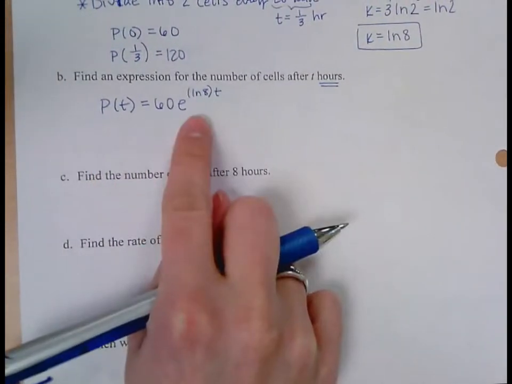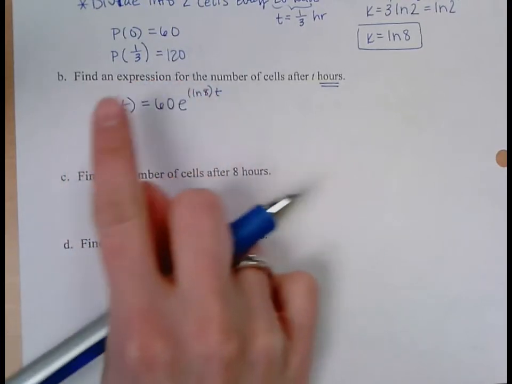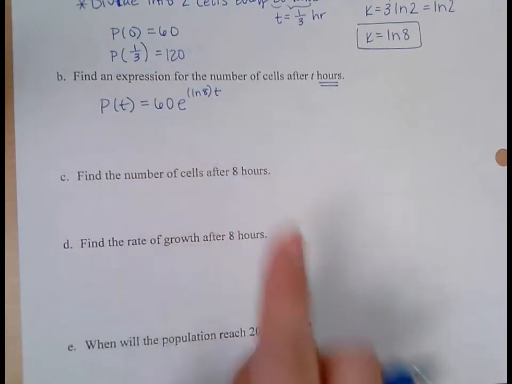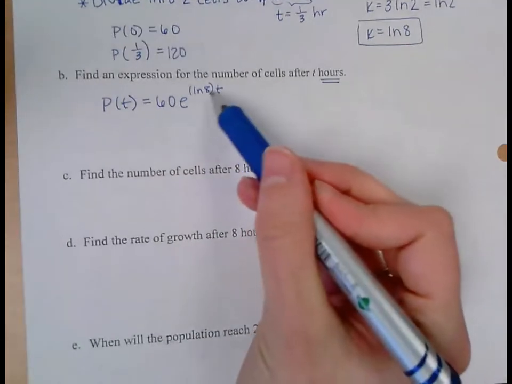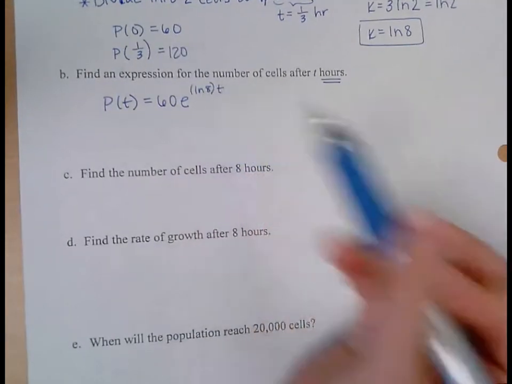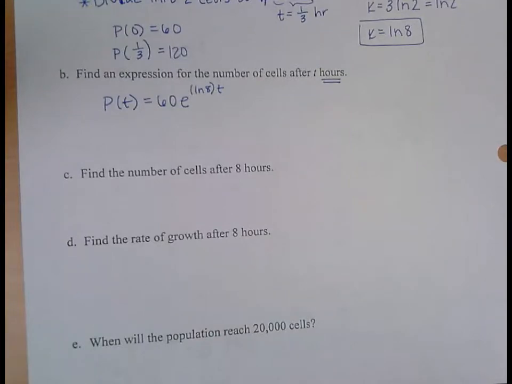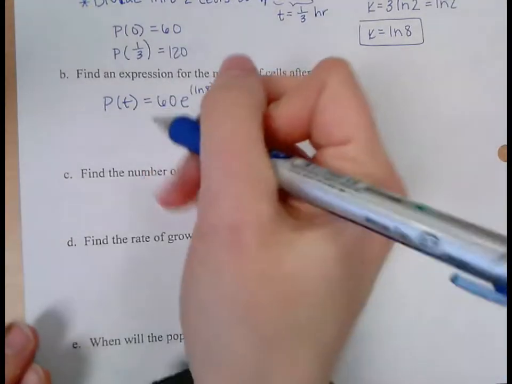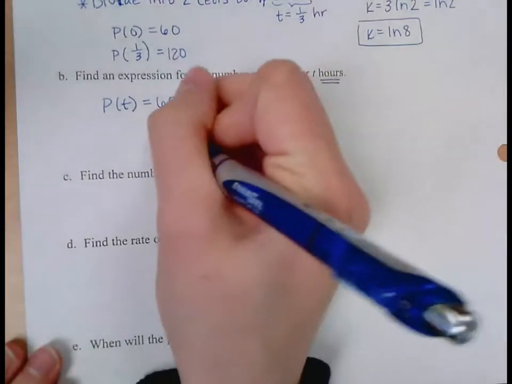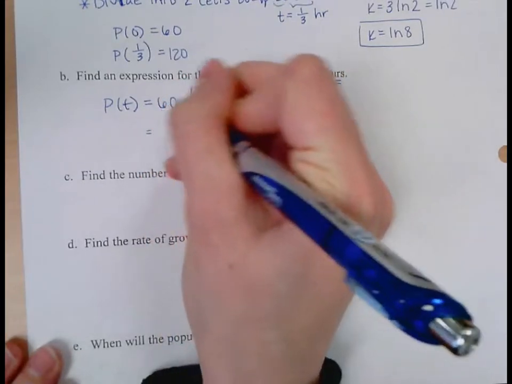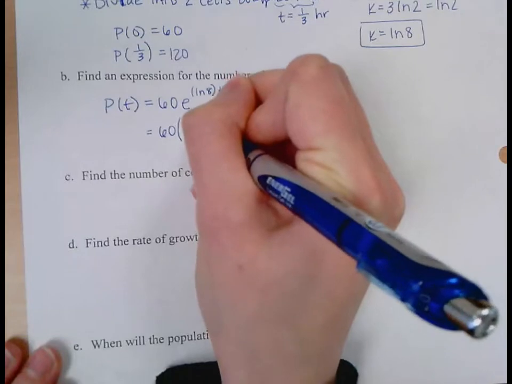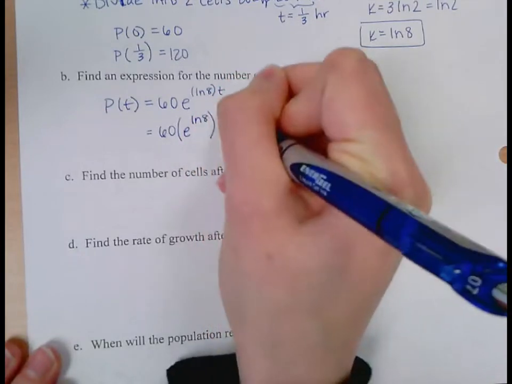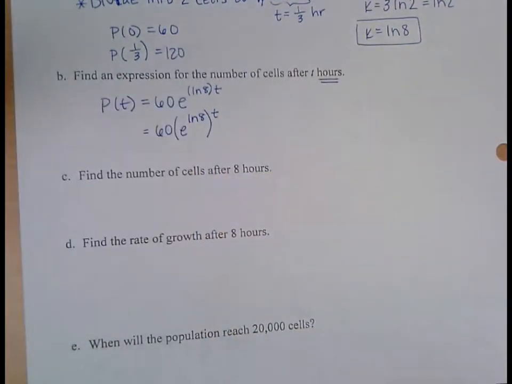Okay, now this is a correct answer. You will not see an answer probably left like this though. So remember when you are multiplying exponents together, that means you have a power raised to another power. So just to show you why this is simplifying the way that it is, I could think of this as 60 times e to the natural log of 8, raised to the power of t.